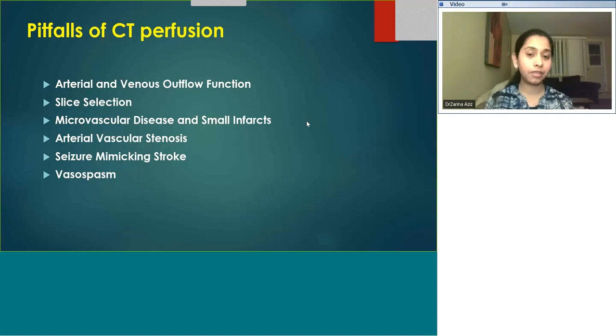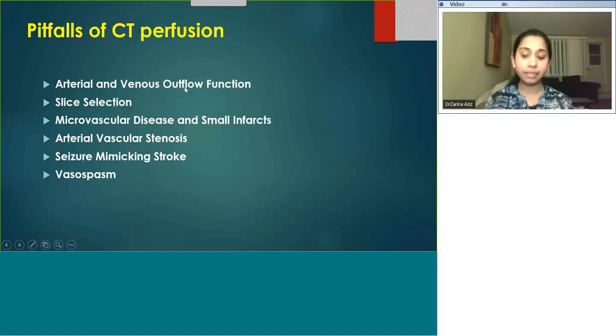If there are background ischemic changes already going on because of small vessel ischemic disease, or in cases of seizures mimicking stroke, because those areas will also show increased CBF and CBV, or in cases of vasospasm, these are the areas where CT perfusion may not be really helpful in interpreting.